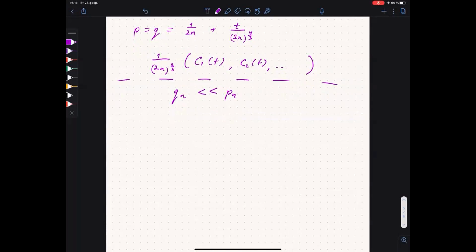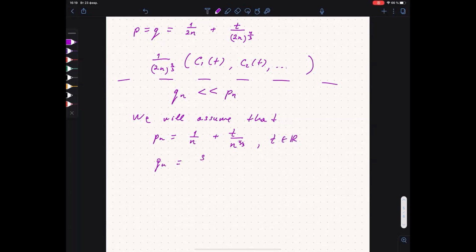I want to start the formulation of the result which we discussed today. We will assume that p_n behaves like 1 over n plus t divided by n^(4/3), and q_n is equal to s divided by n^(4/3).